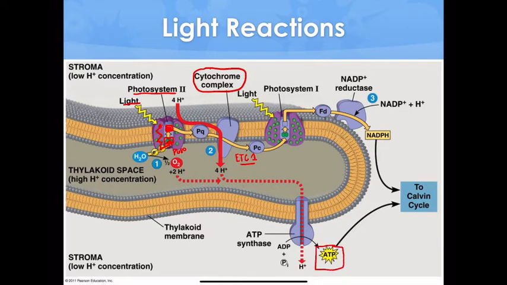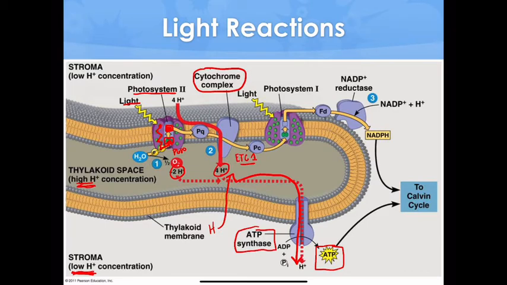So the energy is going to pump the hydrogen ions out of the cell, okay? And then these hydrogen ions that have been pumped out are going to be pumped back through the cell, through ATP synthase, through energy coupling, through chemiosmosis. Remember, it's an active transport going from low concentration to high concentration.